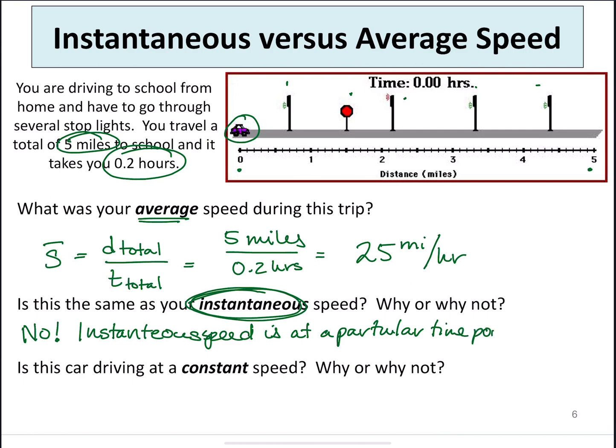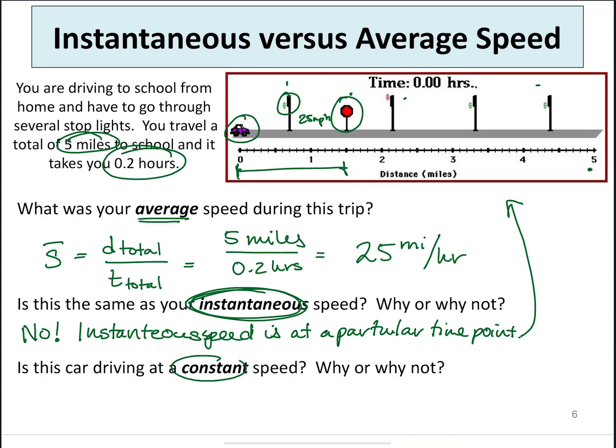In other words, if I'm looking at my figure, let's say this is a green light, so I could be going 25 miles per hour here, but then here comes a stop sign, so I may slow down to 0 miles per hour. And at any point during this portion of the trip, if I look down at my speedometer, my speed could be anything. So I just need to keep in mind that average does not affect instantaneous speed.